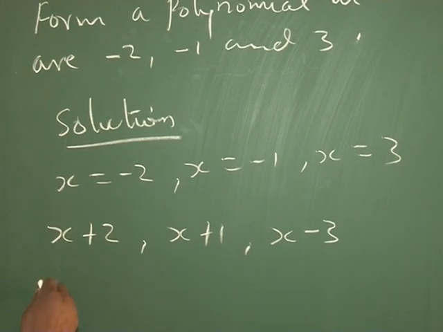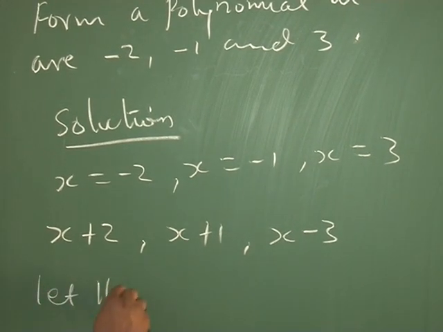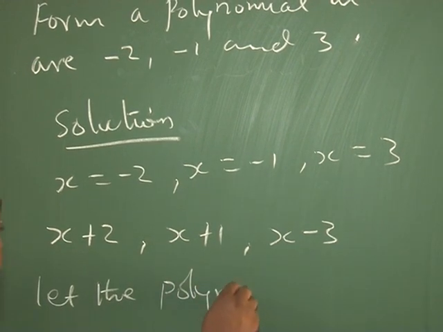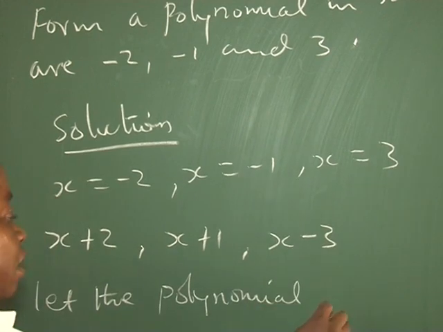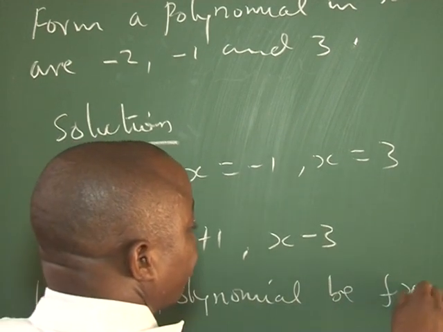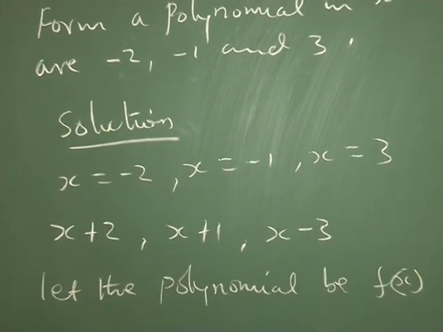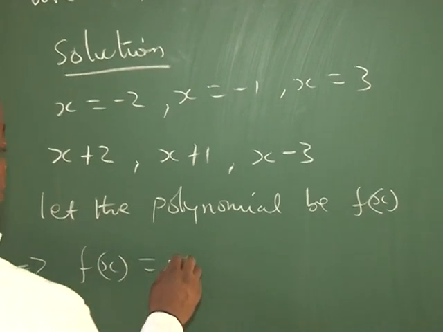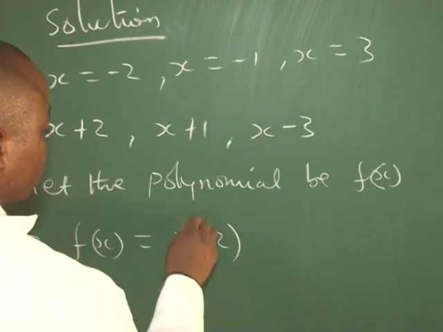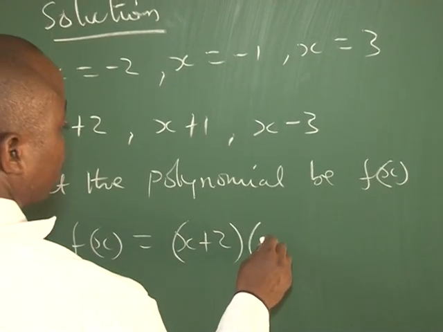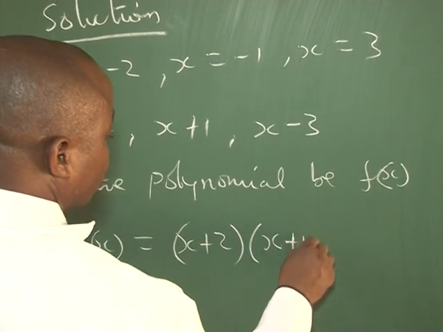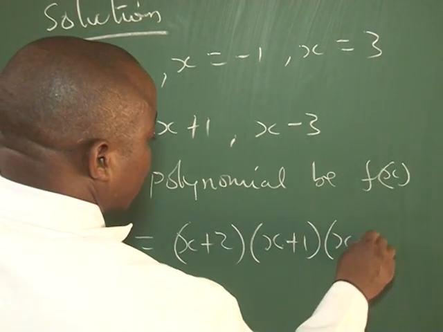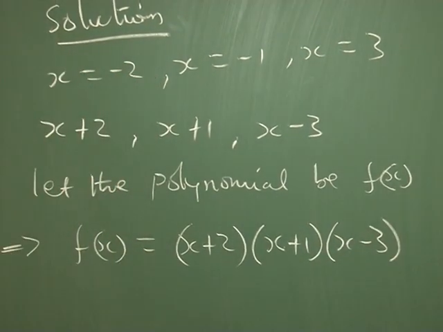So let the polynomial be f of x, which implies that f of x will be equal to x plus 2, x plus 1, x minus 3 as factors.